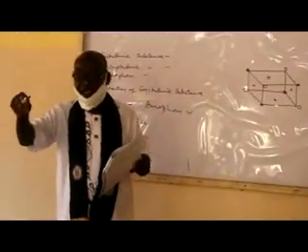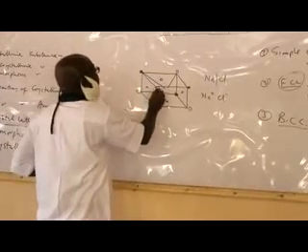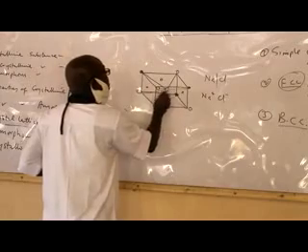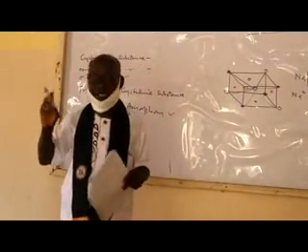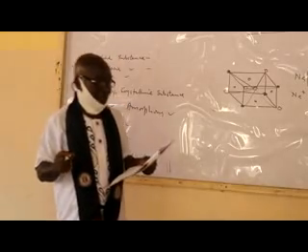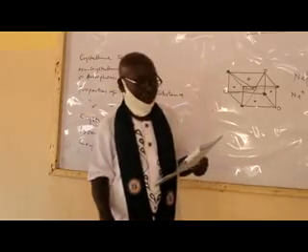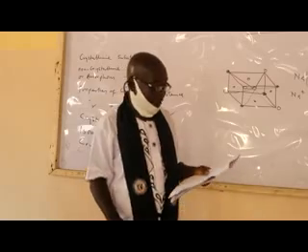Body-centered means that in that packet of sugar, when you take all the vertices, you have one atom at the center. That is called a body-centered cubic lattice. Examples are chromium, iron, and platinum salts. So these are the 3 cubic lattices we have.